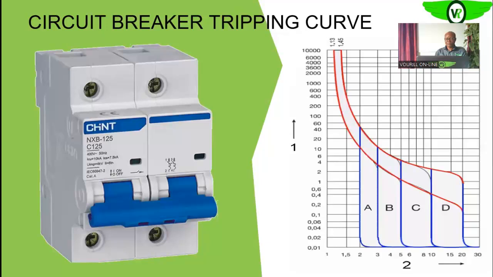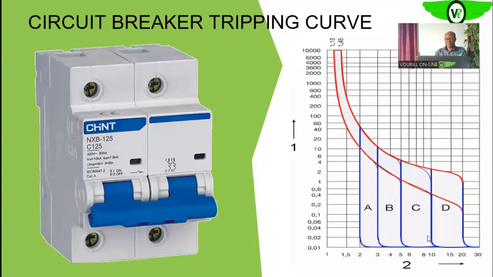At that level, assuming it's a cable now, the cable will be overheated and get destroyed. So before the cable gets heated, it's expected that the circuit breaker should do what? Should trip, as an example now.